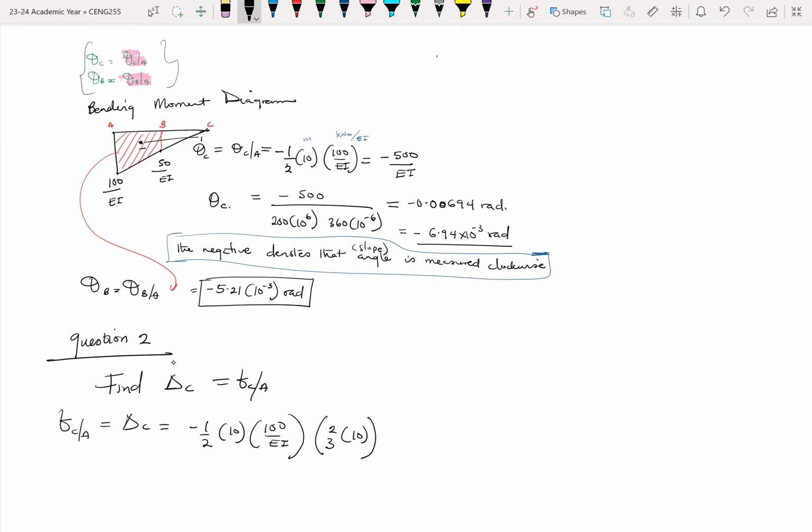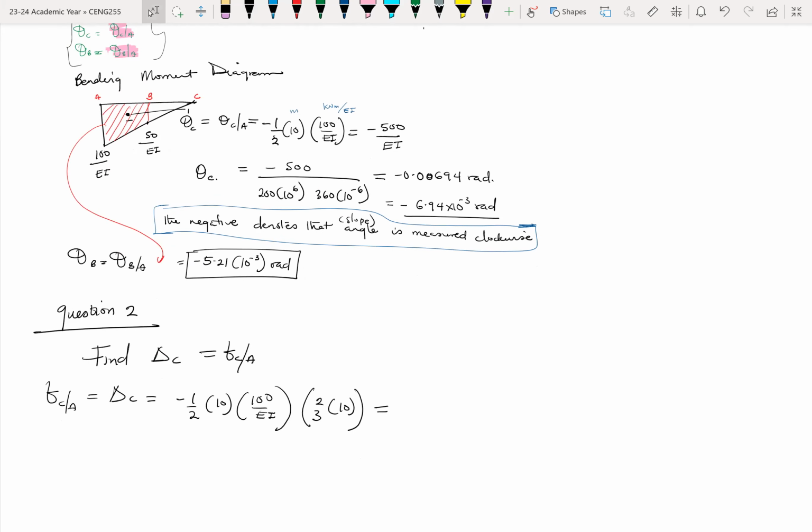Okay. So then this will give us, if we do the math, I think I have the answer here. This will give us a lot of values. 10,000 over 3 EI. So negative 10,000 over 3 EI.